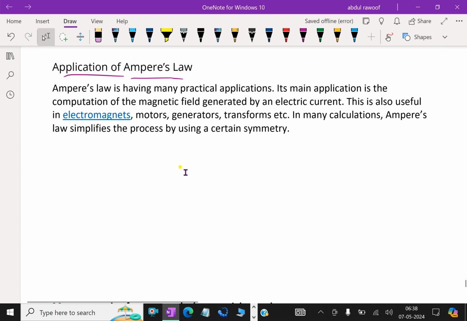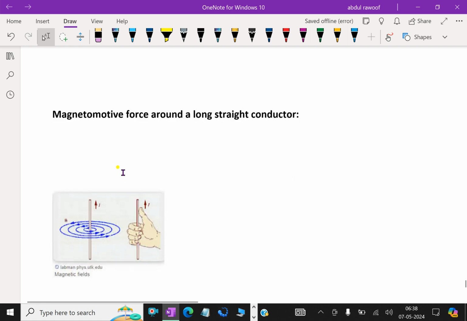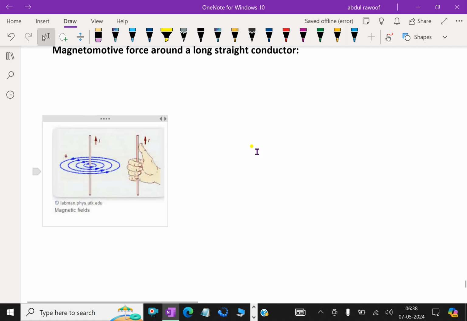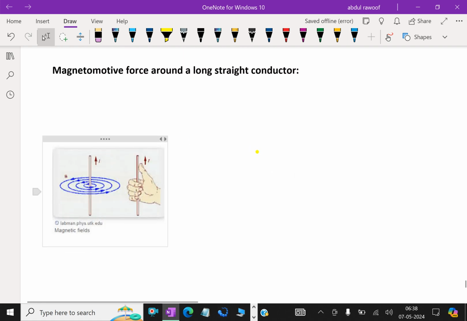Now, in the subdivisions we will look further at magnetomotive force, that is MMF, around a long straight conductor. Look at this figure, which shows a straight conductor assumed to extend infinitely in either direction, upward or downward.